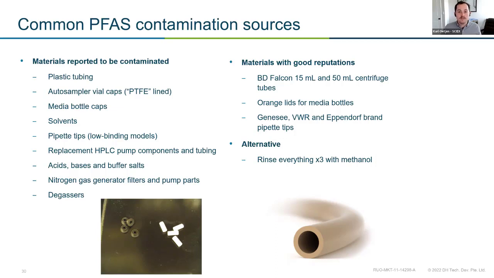But overall, if you are unsure about a plastic composition, or you're worried something might be contaminated with PFAS, the rule of thumb is just to go ahead and rinse it with methanol, do it 3 times. You can even add a little bit of formic acid, 0.1% formic acid, and that should help remove some of those potential contaminants that might be there.